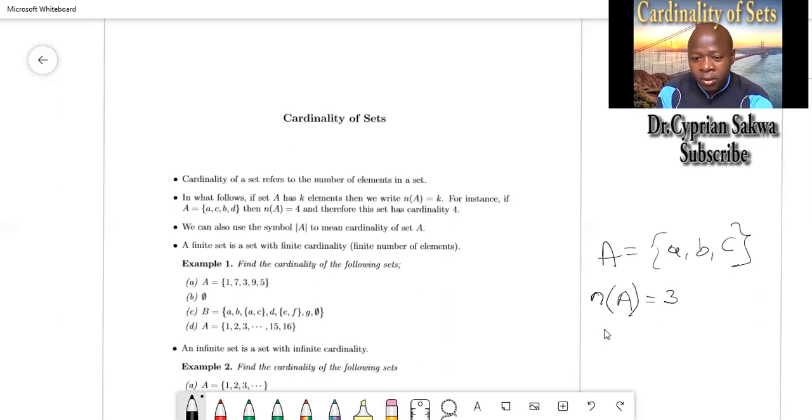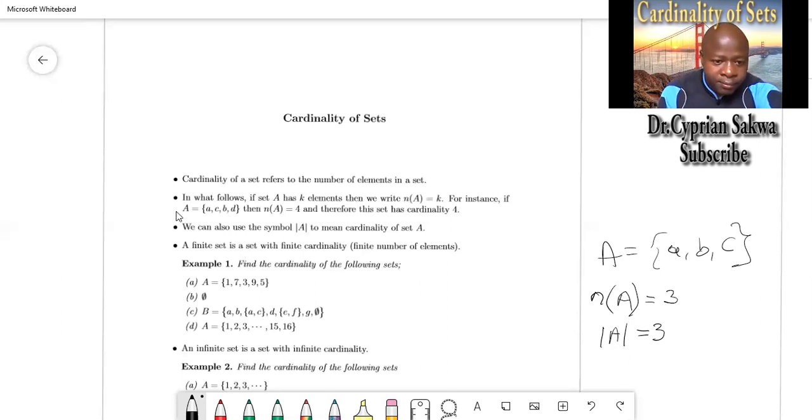We can also use this to mean cardinality of A, and so we can still write that the cardinality of A is 3. These are the notations we'll be using. This means the number of elements in set A, and again this one means the number of elements in set A.